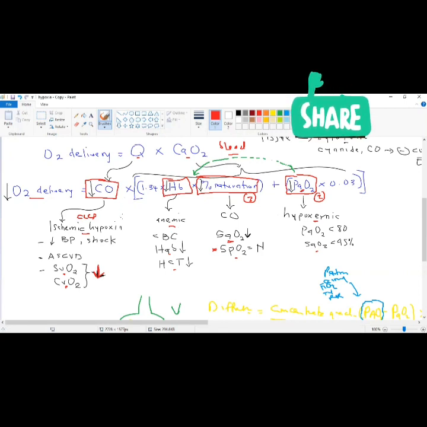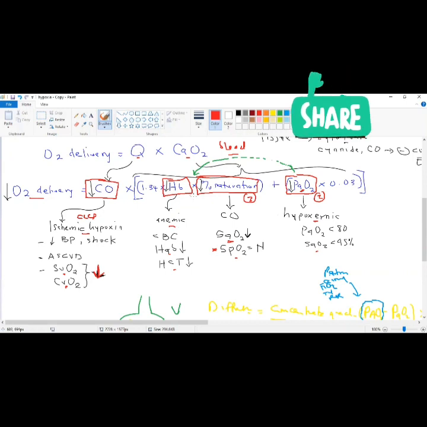Basically, the patient has hypoxia because of low oxygen content, so I'm going to increase cardiac output. They compensate with tachycardia and so on. If the patient has hypoxemia because of low PaO2 or low saturation, I can increase hemoglobin concentration.